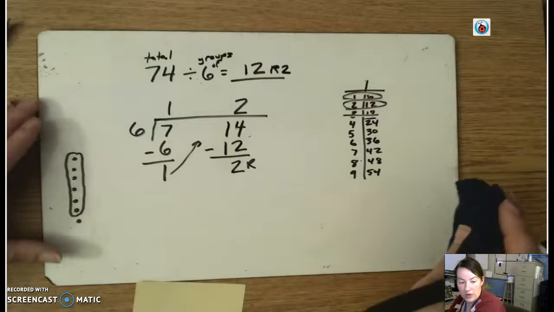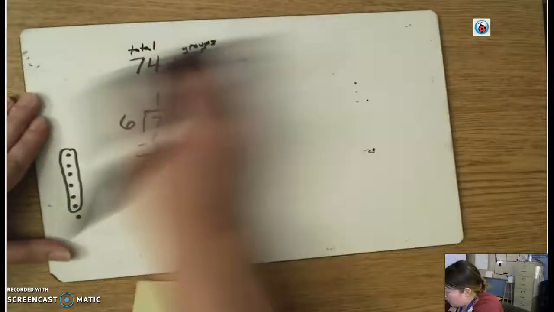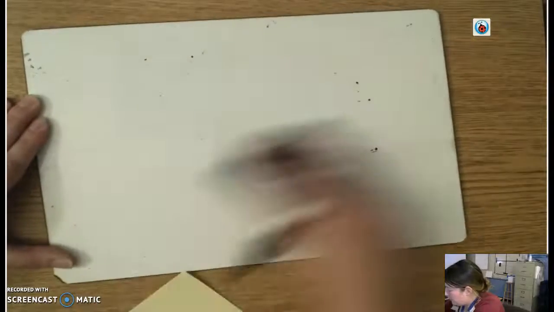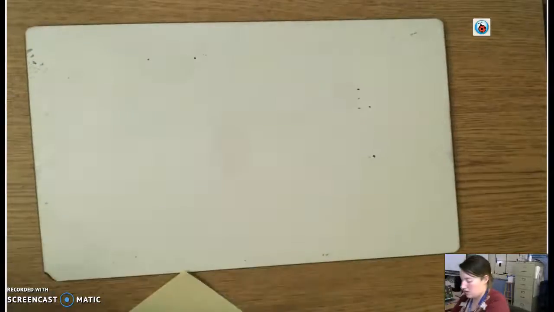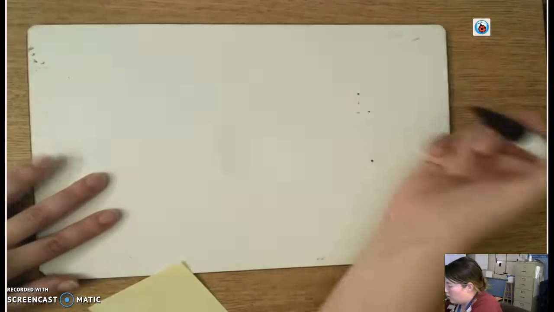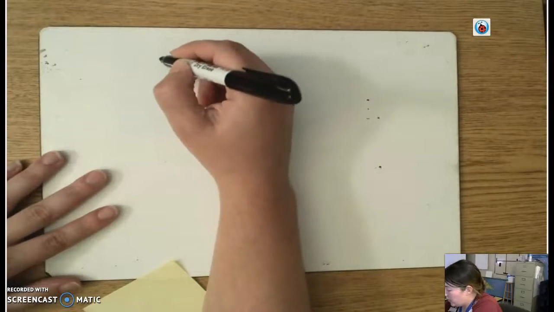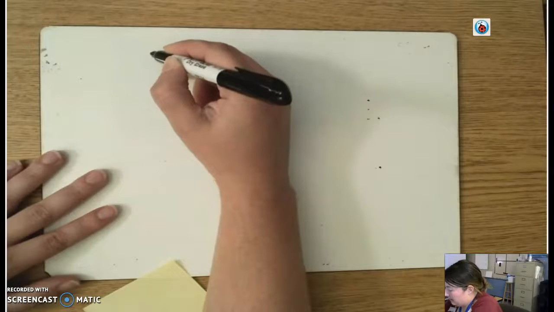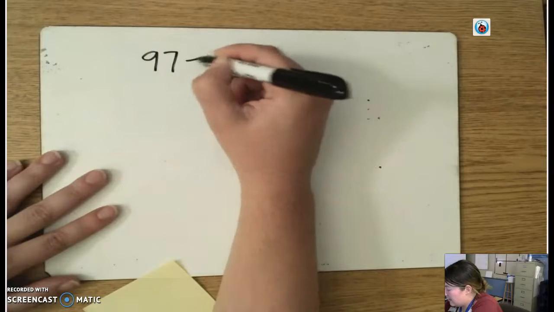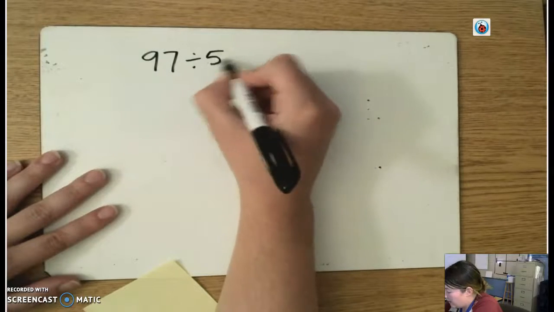All right, let's try one more. Okay, how about, I'm just making these up as we go, 97 divided by 5.